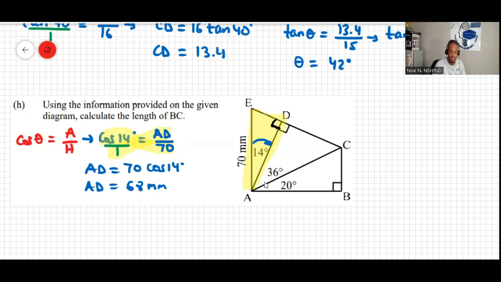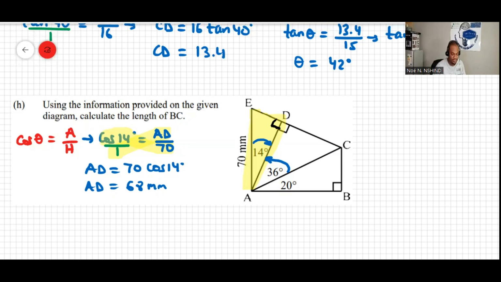Now I need to find this one also. Let's first see. The angle 36 degrees is also adjacent to this side. Okay, so I can use the cosine formula to find this, which will be the hypotenuse.